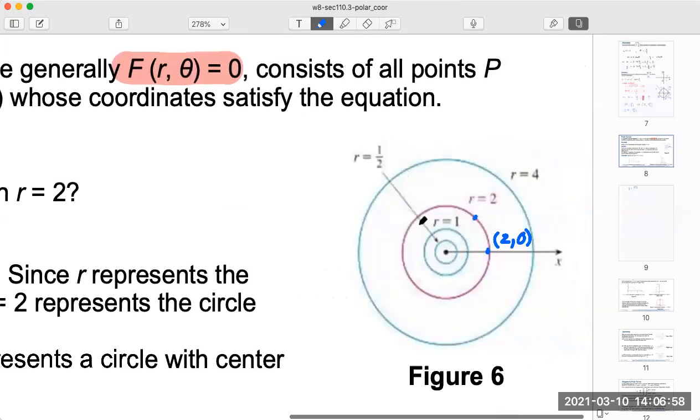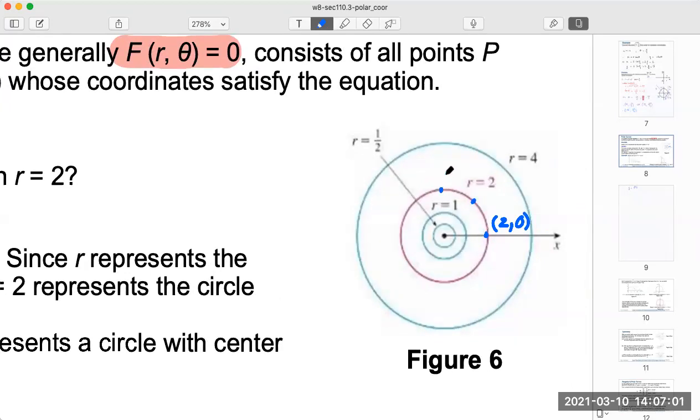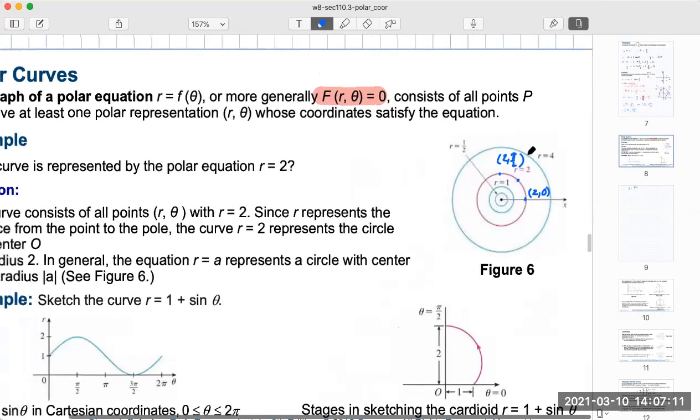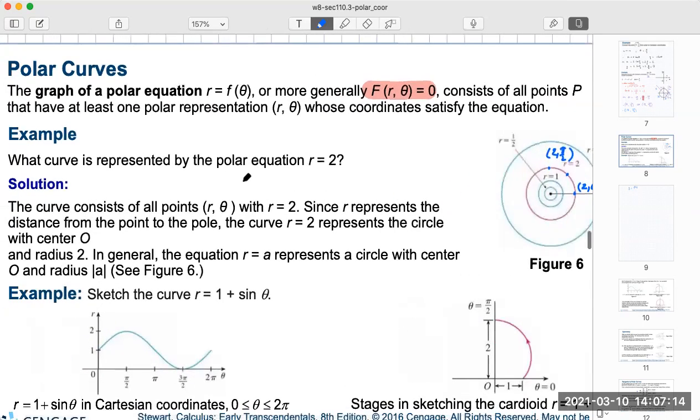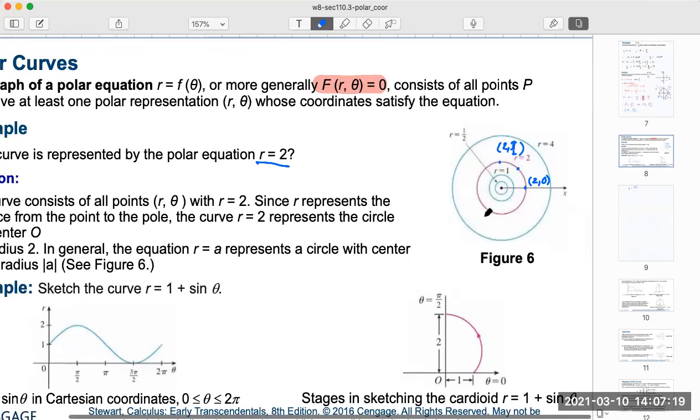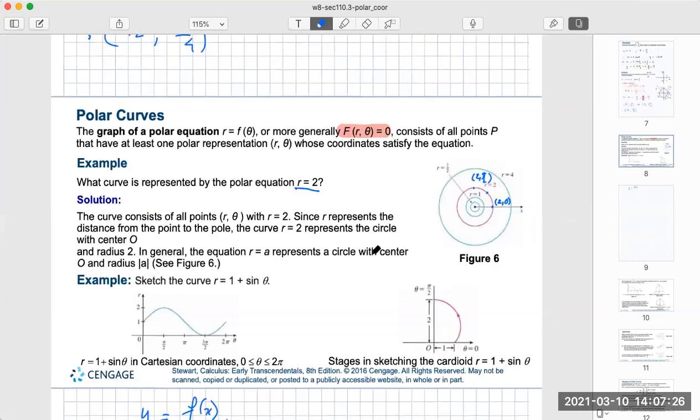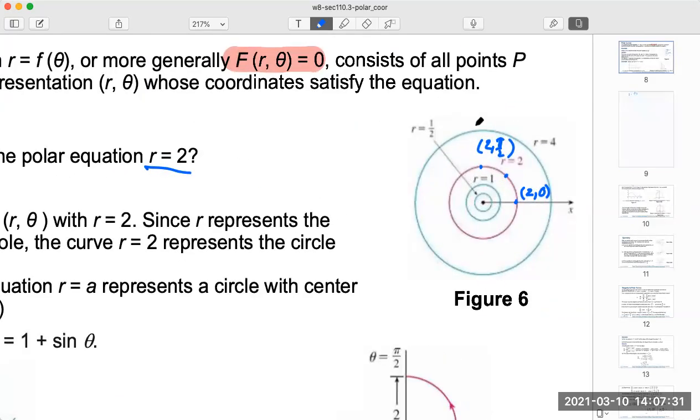How about this point here, where theta is equal to pi over 2? It is also a point satisfying r is equal to 2. The collection of these points gives us a circle, right? Similarly, if r is equal to 4, it will be this blue circle here.